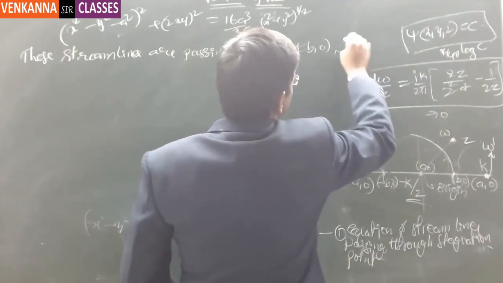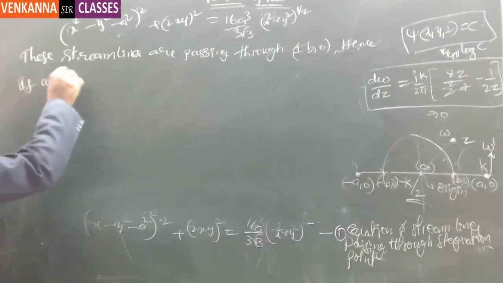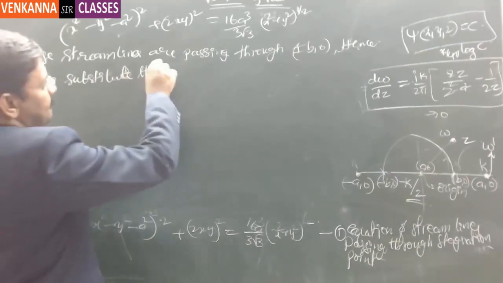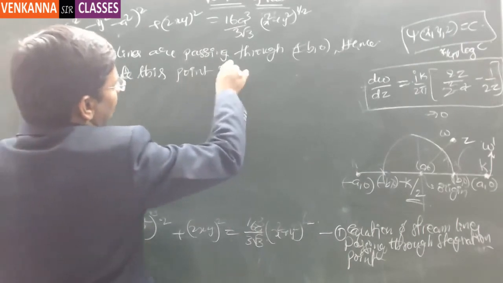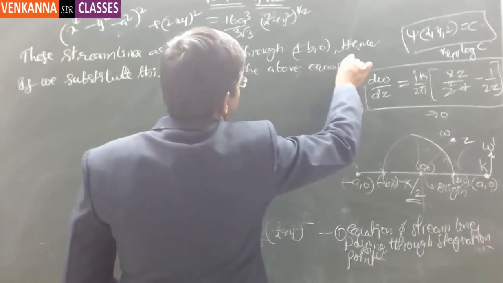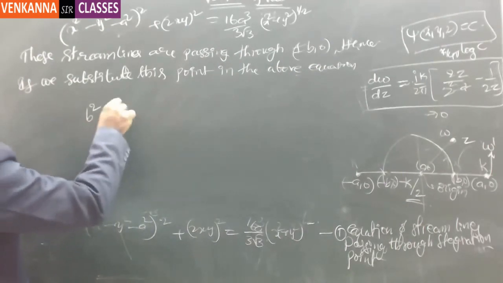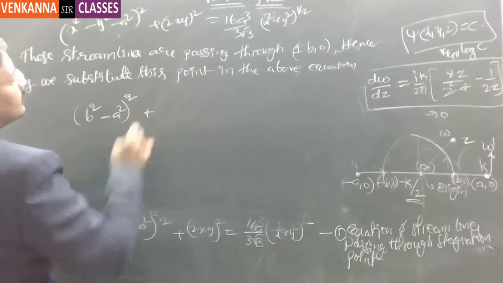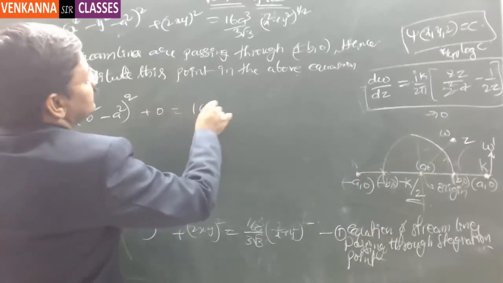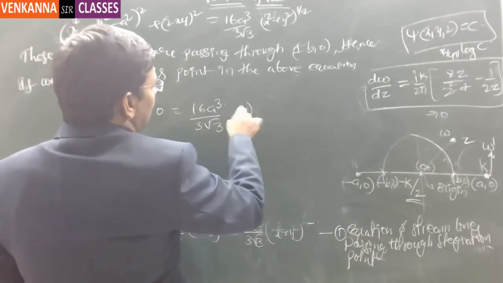Hence, if we substitute this point in the above equation, then x becomes b square minus a square whole square plus, y equal to 0, so this will anyway be 0 plus 0, is equal to 16a cube by 3 root 3 times b square whole power 1 by 2.